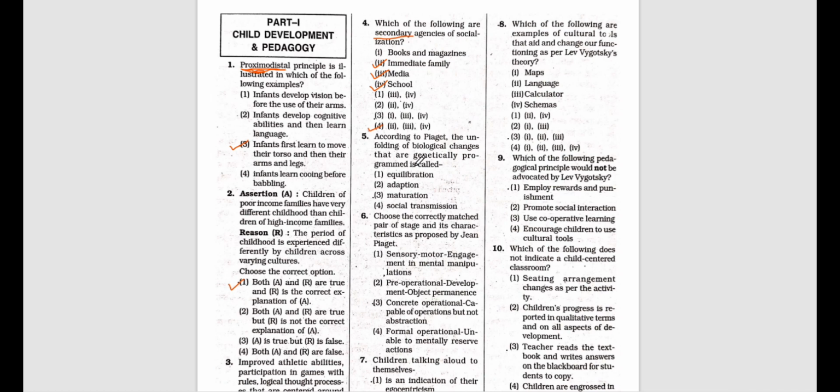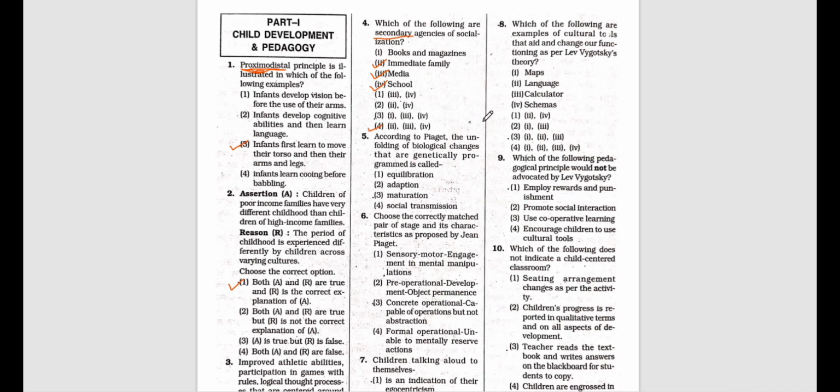There is no option here where all 4 are given. So that's why we have selected whatever we find to be more relevant, right? Books and magazines we have kept aside. Let's go to question number 5 now.